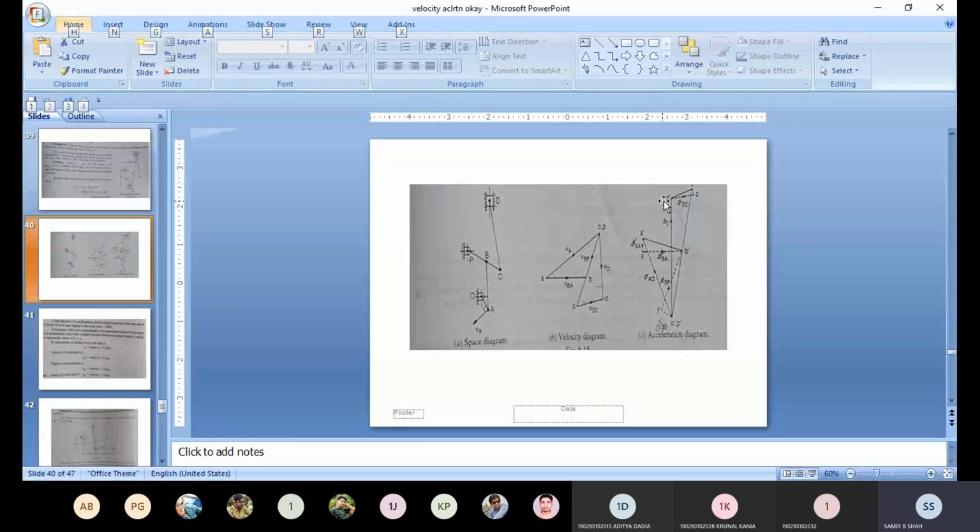So 17.4 divided by 0.66, and our answer is 26.3 radian per second square. We are getting it in the anti-clockwise direction.